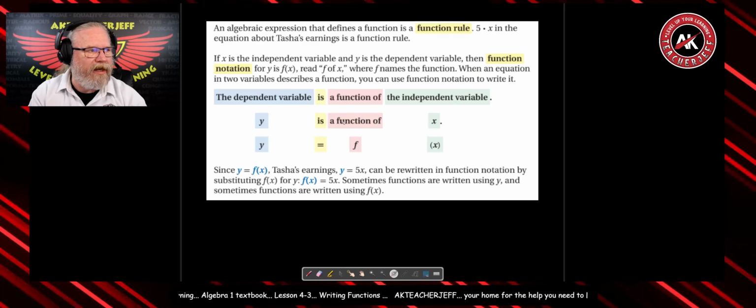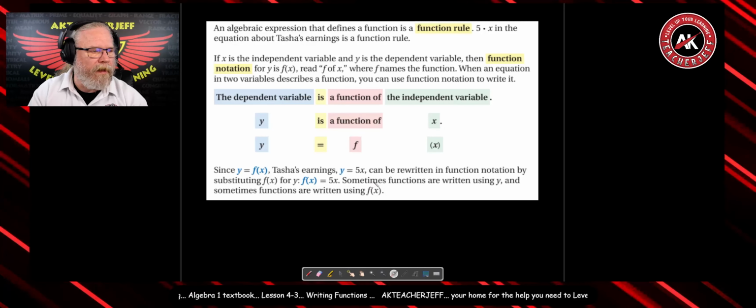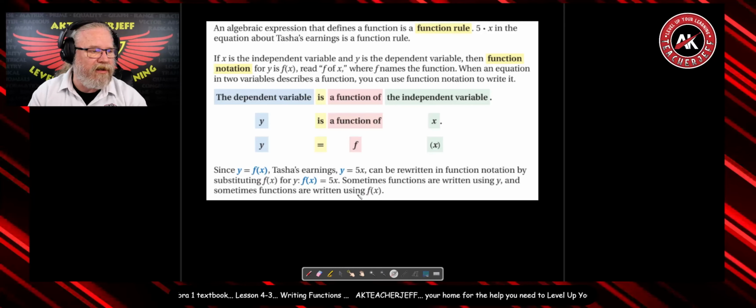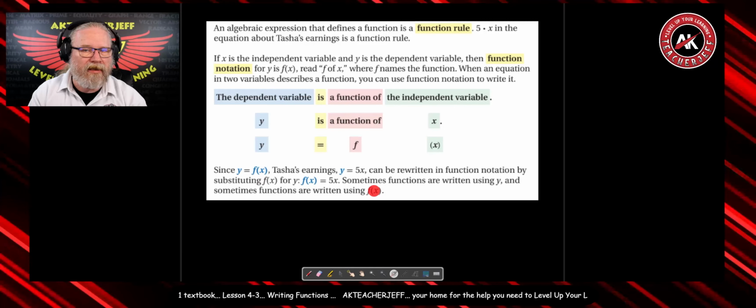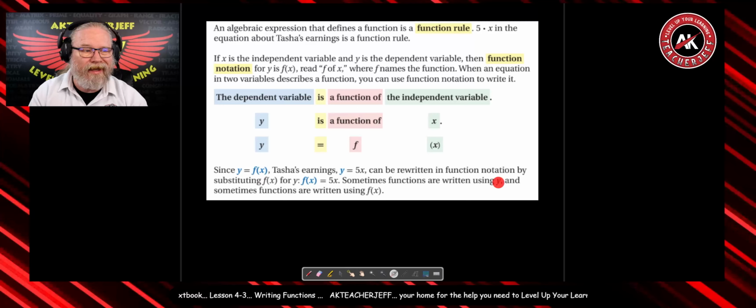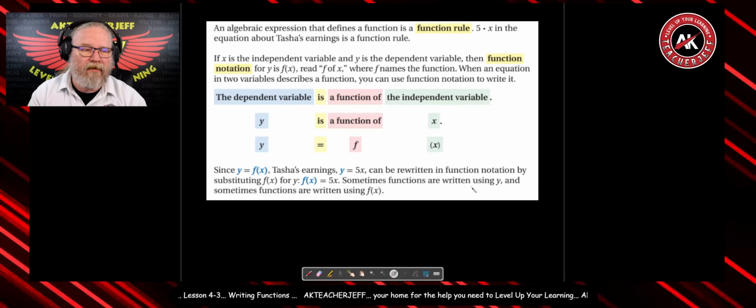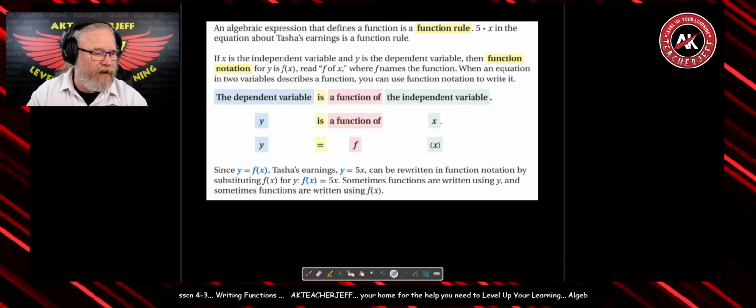We've proven that here in this demonstration. Sometimes functions are written using y, and sometimes functions are written using f of x. I like my functions written in y. That whole f of x thing, I understand it, but I prefer y personally.